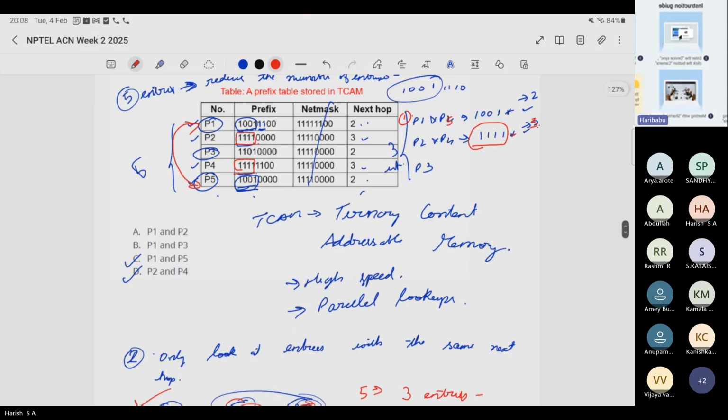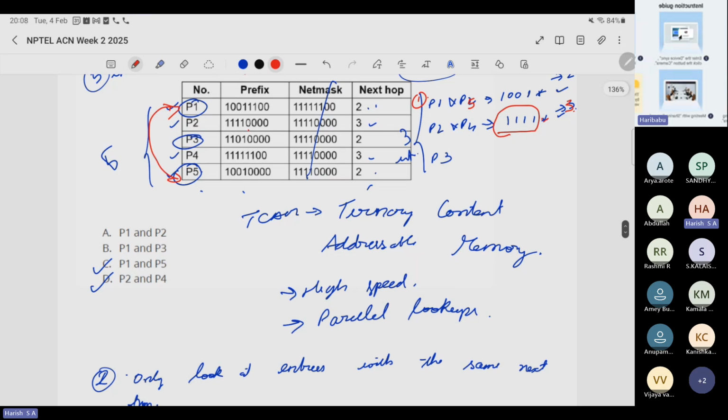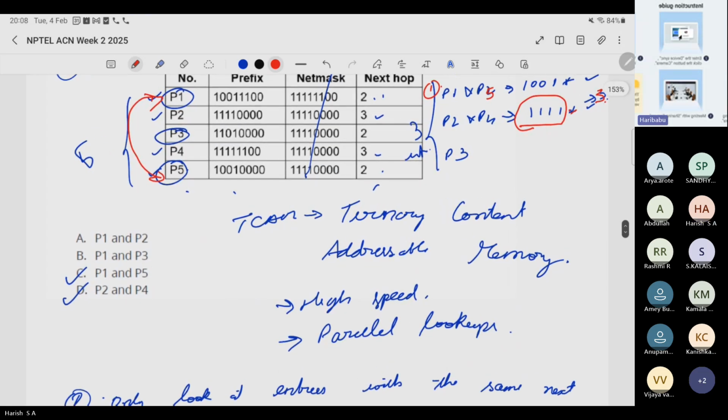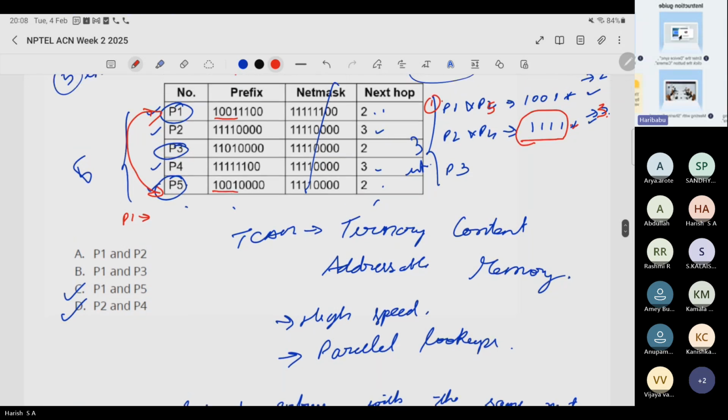Check again. The first 4 bits of P1 and P5 are common, correct. And for P3, one bit differs compared to P1 and P5. So is it common for P3?